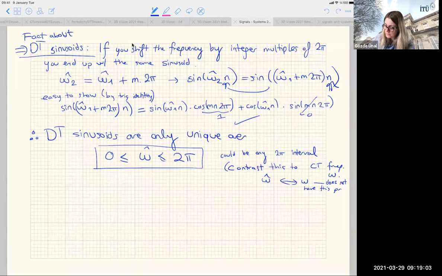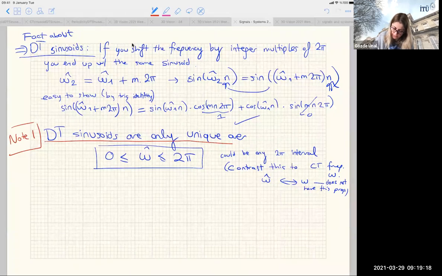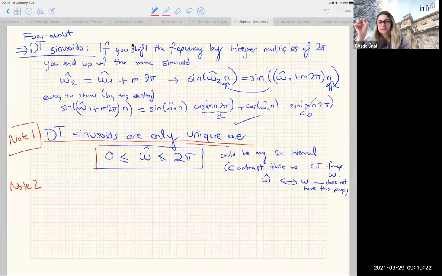Let's say property. Okay? So in this way, actually, let me also note this. This is note 1. This was important. This is good. Note 2, then: what are the low and high frequencies? Remember, with continuous time, we were like, hey, small frequencies closer to 0, of course, right?